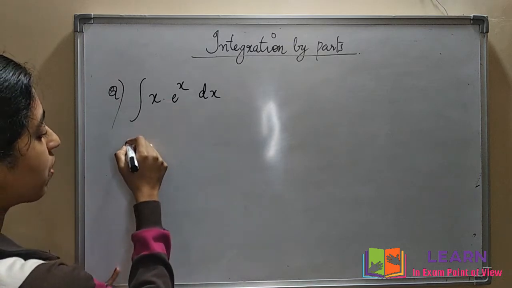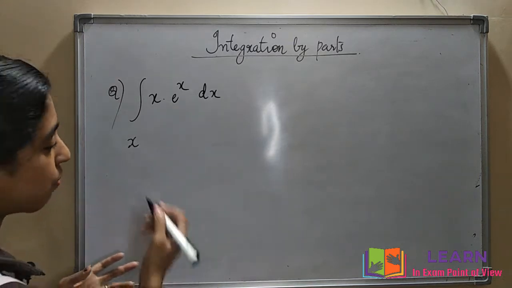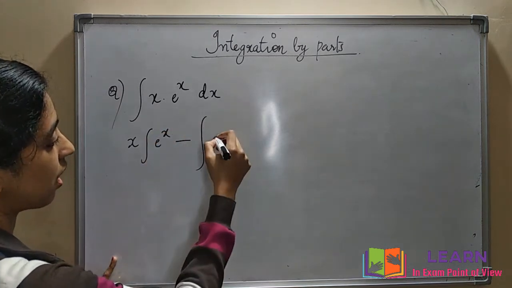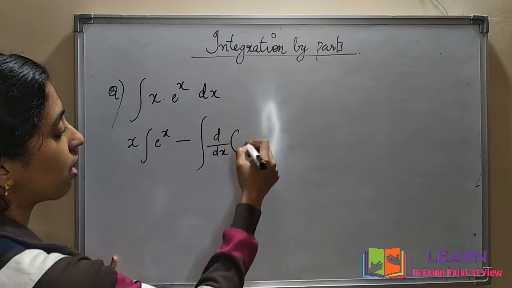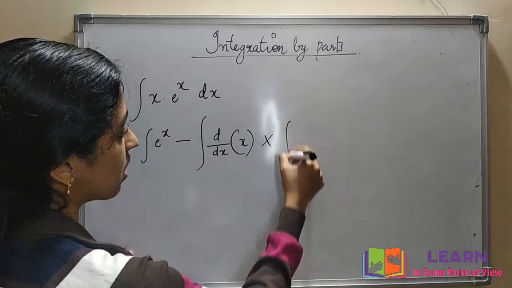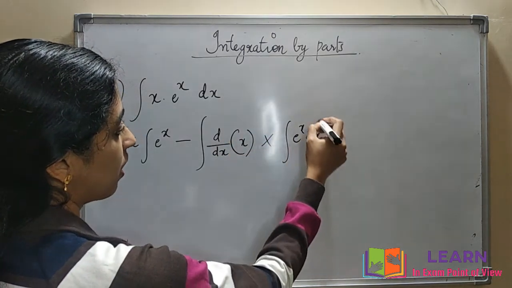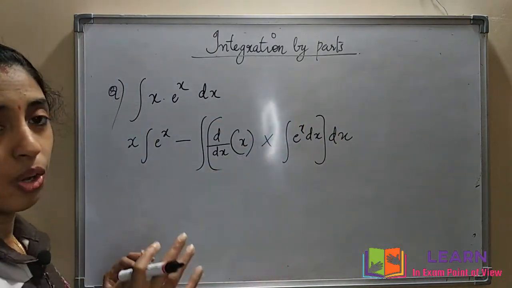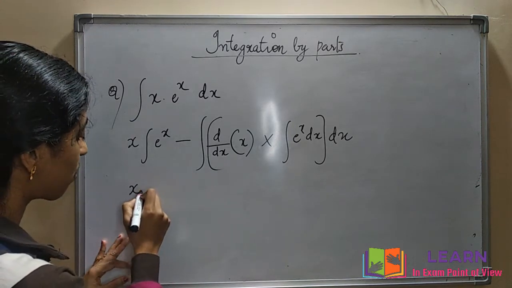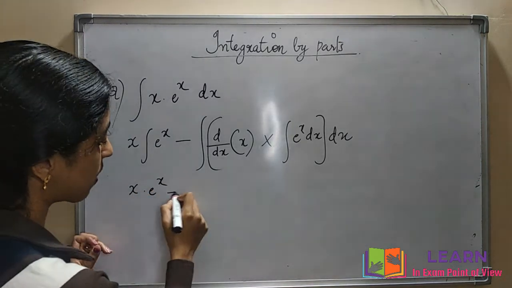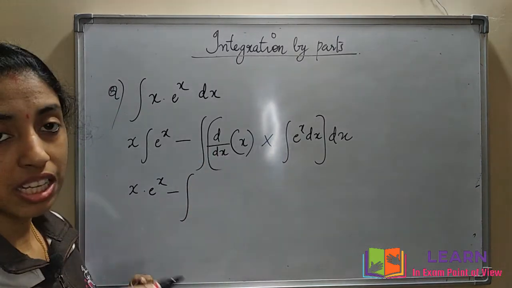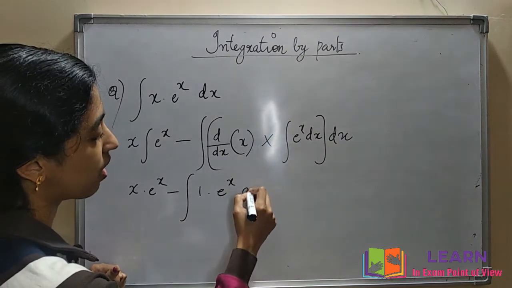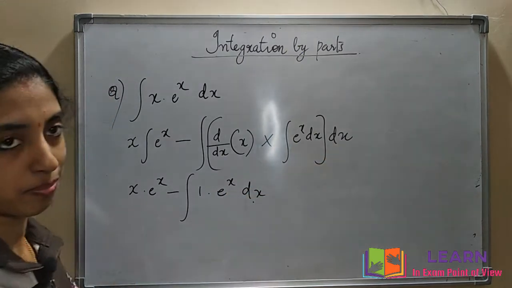Here we take x as the first function: first function into integral of second, minus integral of d by dx of first function into integral of second, in bracket, dx. Now x into integral of e raised to x is e raised to x, minus integral d by dx of x is 1, into integral of e raised to x is e raised to x, with dx outside.